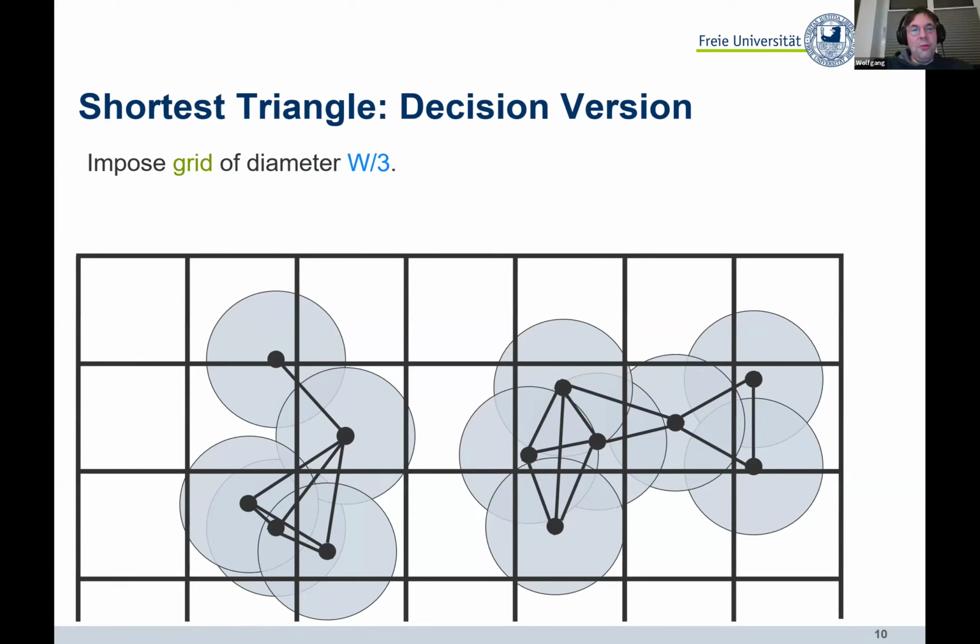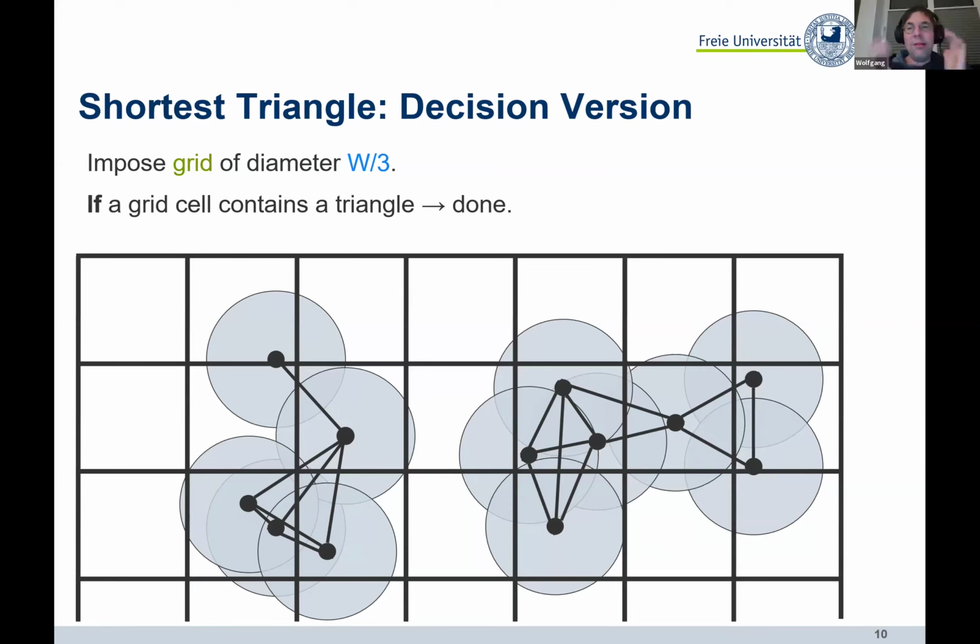And then what do we do next? Now we look at each grid cell and at the disks whose centers lie in that grid cell. For each grid cell, we check that. The first thing we can do is use the algorithm that we already have, the decision algorithm for whether a disk graph contains any triangle. And we use that separately in each grid cell.